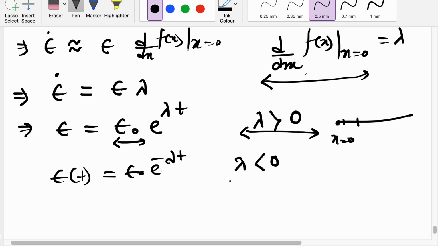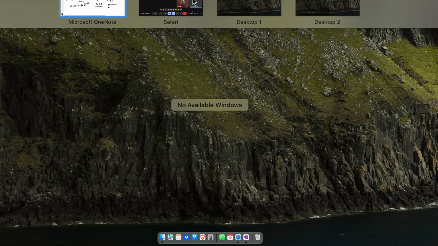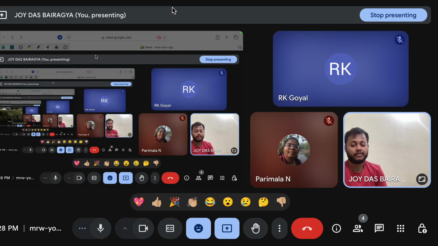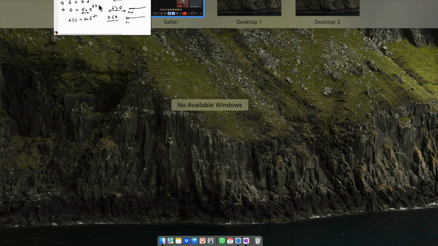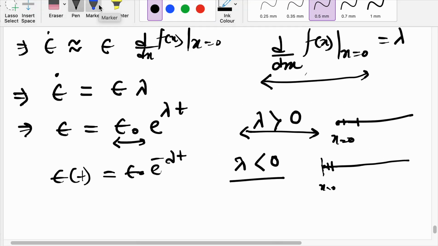And if lambda is less than 0, I will say my fixed point is stable, because as time increases, this distance decreases. It will asymptotically approach the x equal to 0 fixed point. That is basically the crux of linear stability analysis. Is it clear? Yes. Okay.